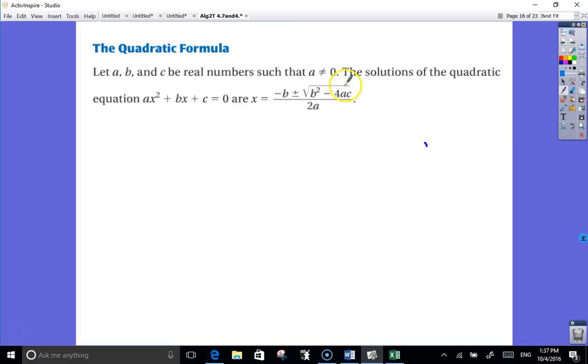The b squared, yeah, what's underneath the radical is going to determine all the time what kind of answers you get. So that little part of the quadratic formula has a special name. It's called the discriminant.